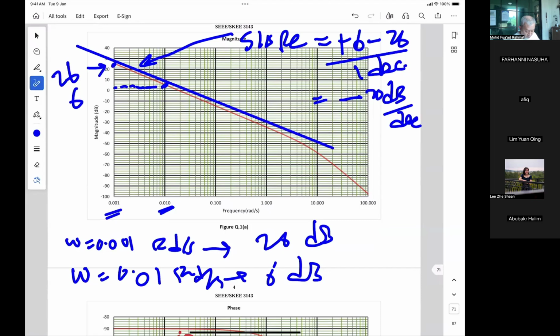Kat mana tu? dB dia tu kat mana? Zero. About here. KV-nya is 0.022. Okay.